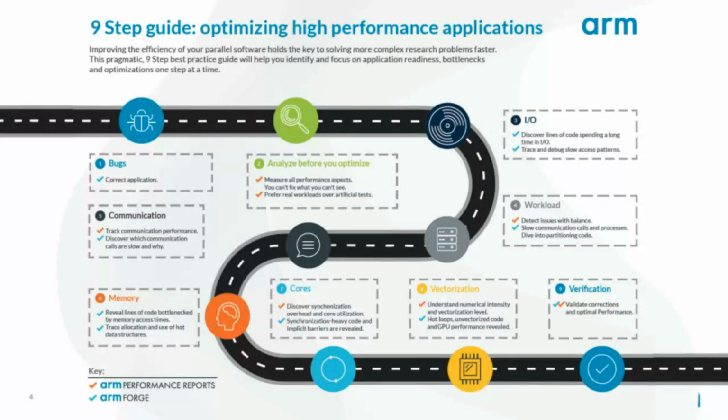Then focus on the potentially biggest problems, in particular I/O and MPI communication. You can have issues that are orders of magnitude large in those areas, and if you're focusing on things like memory issues or vectorization, which are important when you get to that point of the performance roadmap, it can be a big challenge. So use a methodology, follow the roadmap, and we'll go into that in a little more detail.